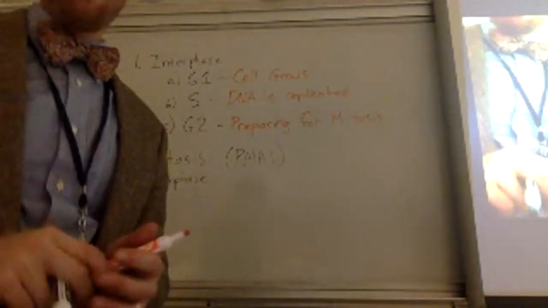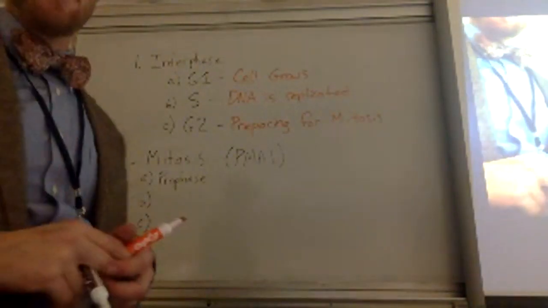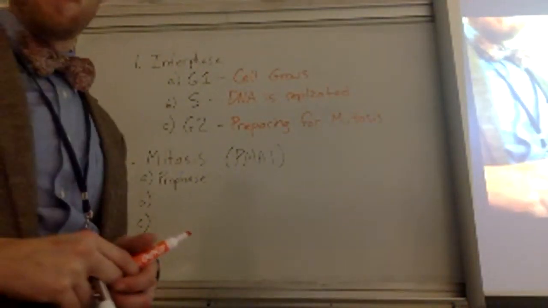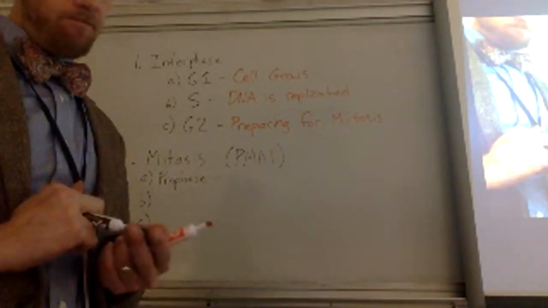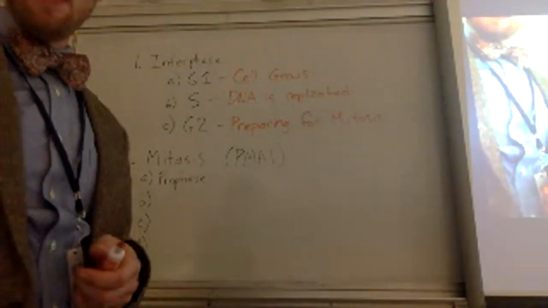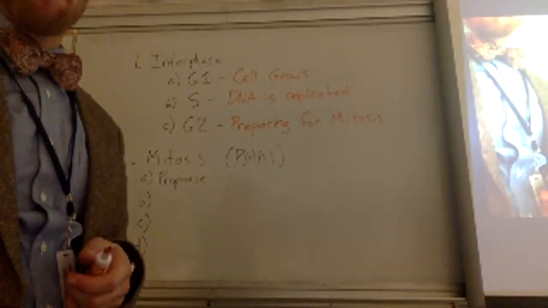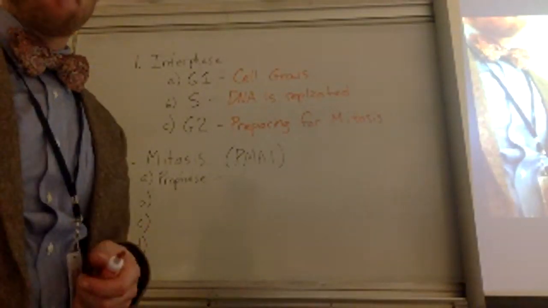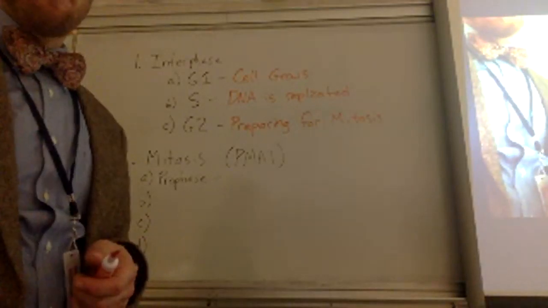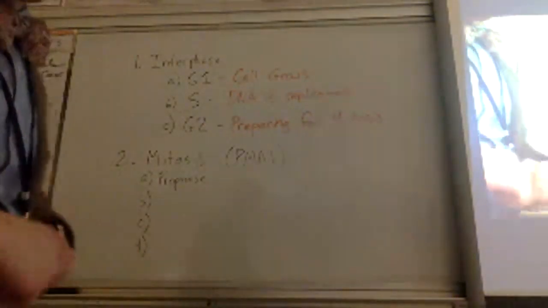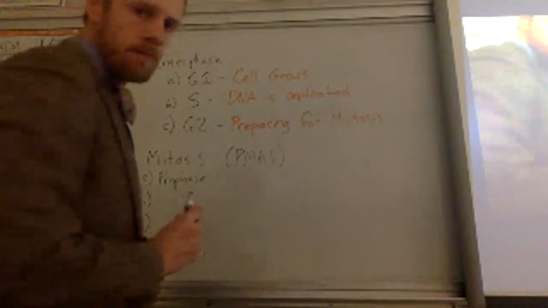How do you know you're in prophase? If I show you a bunch of pictures of a cell, how would you know which one's in prophase? What are some of the key characteristics of prophase? Sure, let's write down the phases and then we'll describe what happened.